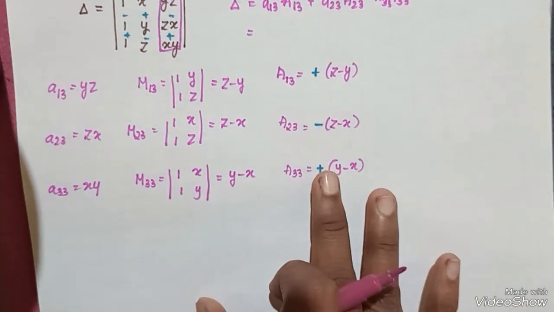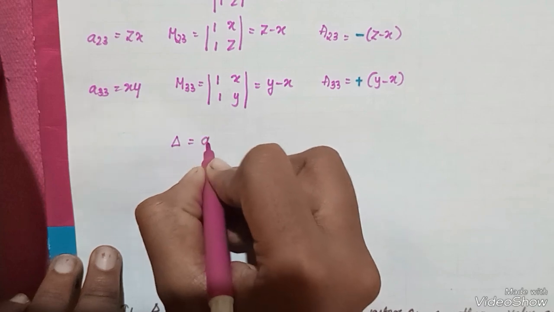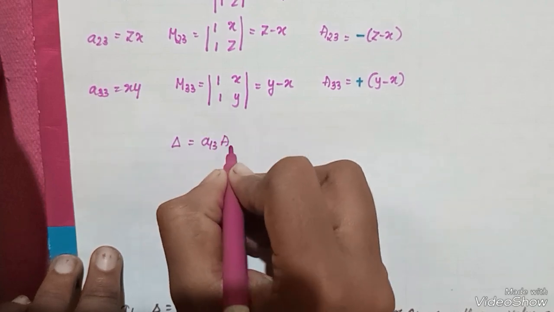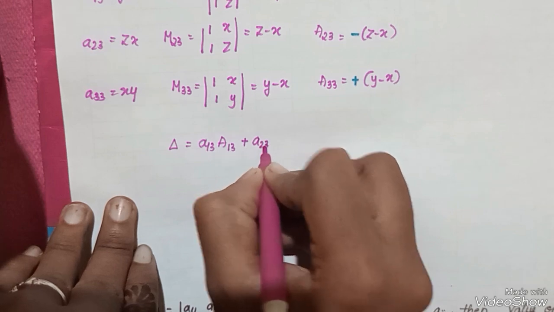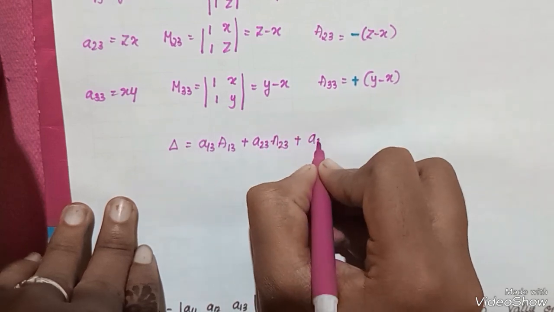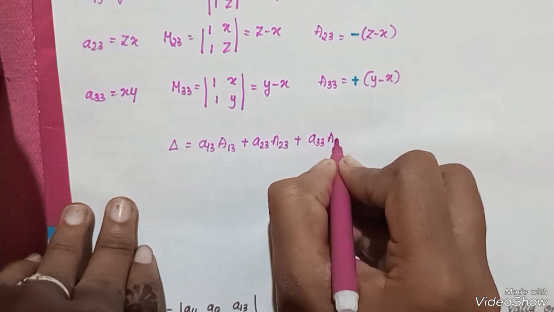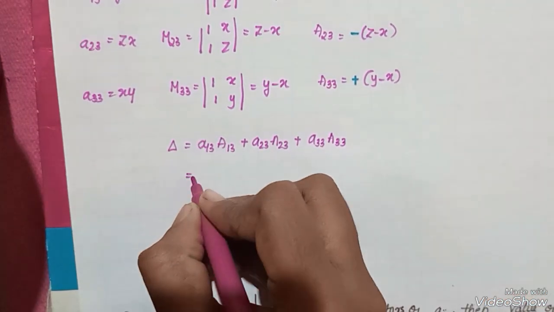Here we have to find the delta. Delta is equal to A13 cofactor 13, plus A23 cofactor A23, plus A33 cofactor A33. Now substitute.